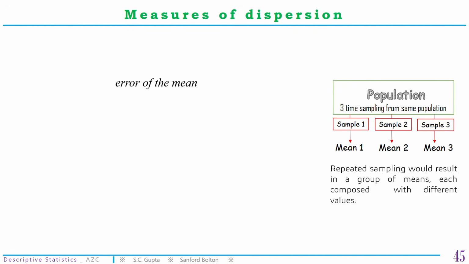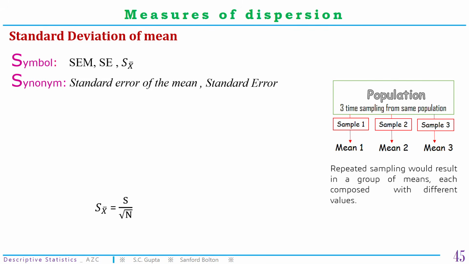This may be seen as error of the mean. Standard deviation of mean. Symbol is SEM or SE, and in mathematical equation, S x bar, synonym, standard error of the mean or standard error.